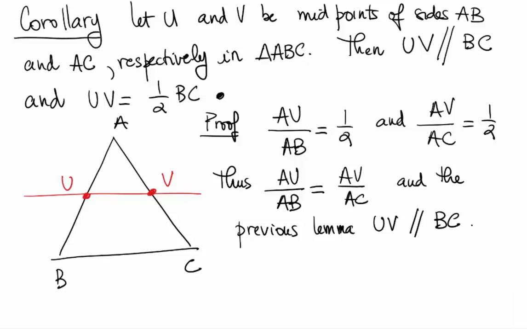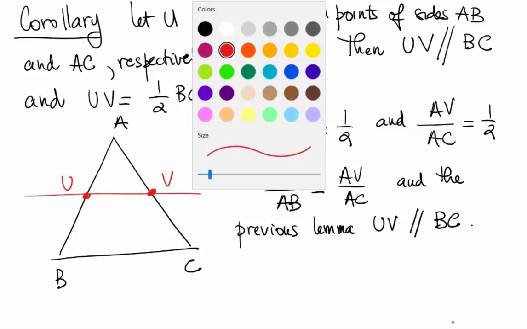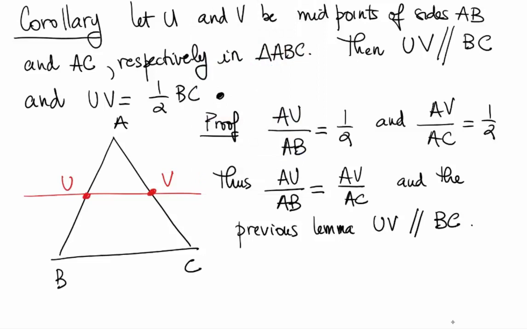Now, also observe that since UV is parallel to BC, we can regard AB as a transversal for these parallel lines. So these angles will be the same.